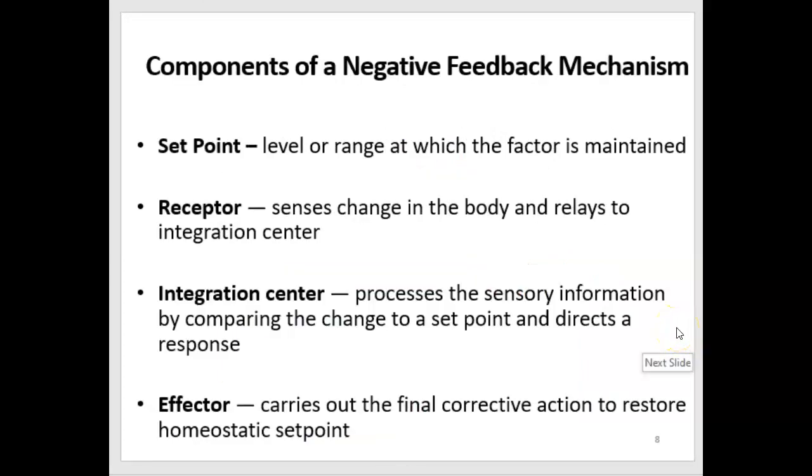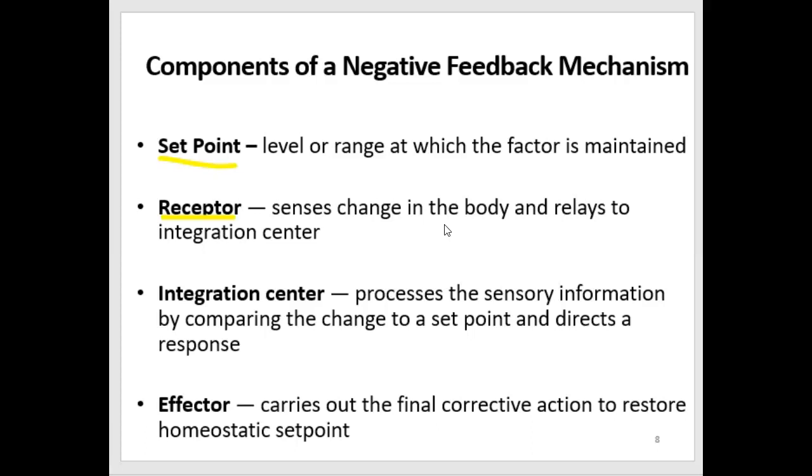So the components of a negative feedback mechanism include a set point. That's the level or the range at which the factor has to be maintained. There has to be some sort of a receptor that senses any change from set point. And that receptor has to send the information to an integration center. Now sometimes the receptor and the integration center are one and the same, somewhere in the brain, for example.